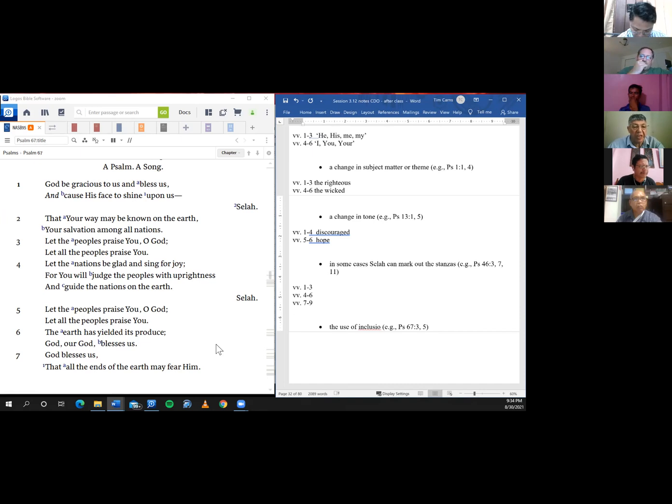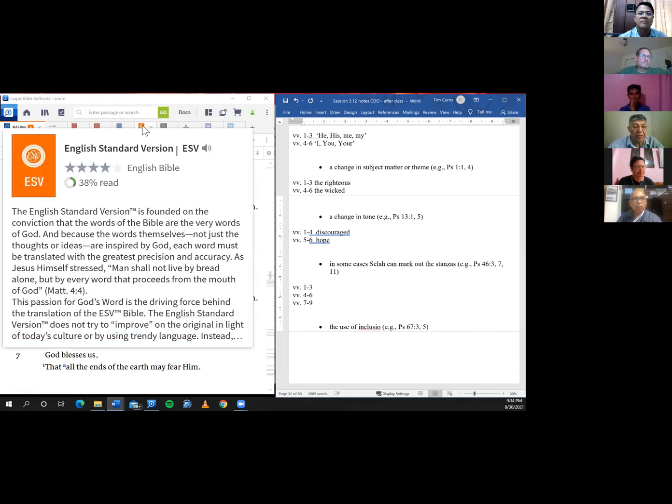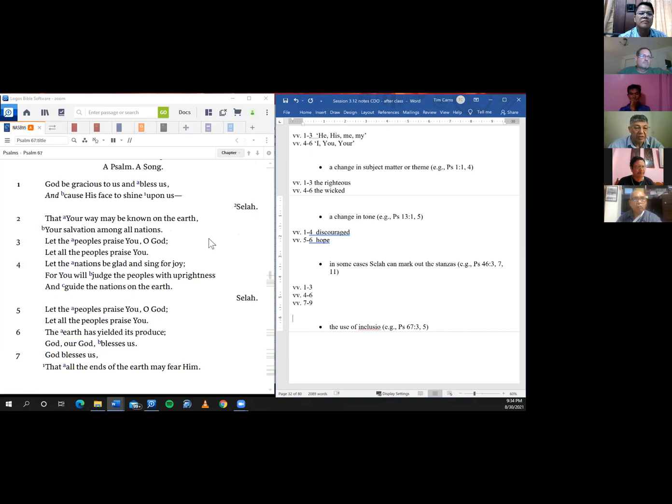Let the peoples praise you, O God. Let all the peoples praise you. The earth has yielded its produce. God, our God, bless us. God bless us, that all the ends of the earth may fear him.